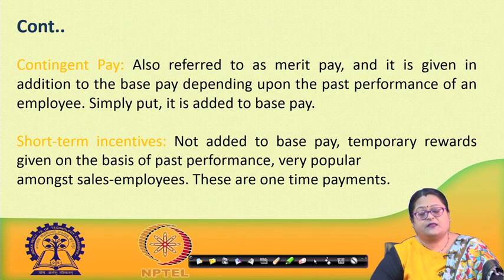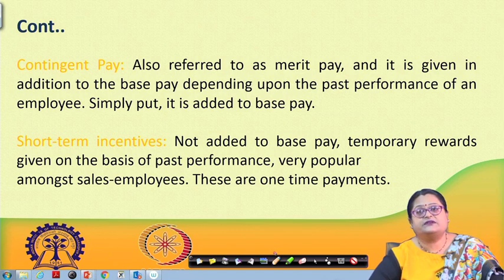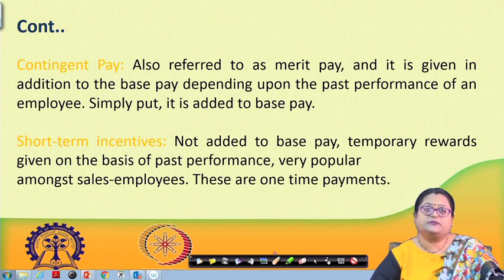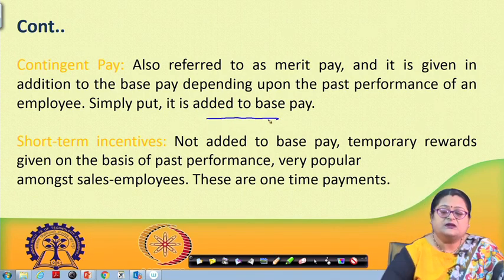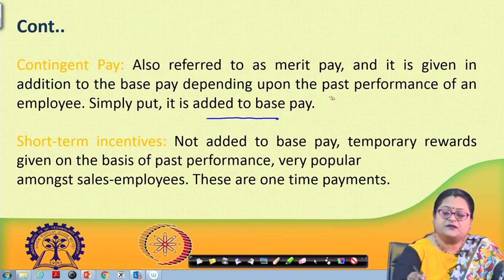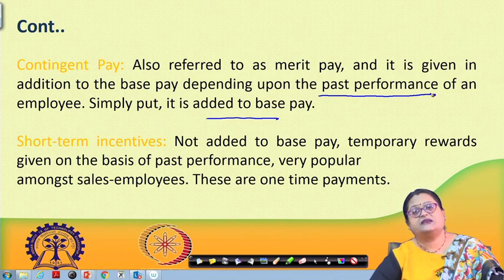Contingent pay, which is also known as merit pay, is given in addition to the base pay depending on the past performance of an employee. So, it is added to base pay. Here we see that depending on your past performance, this is the payment that you get.